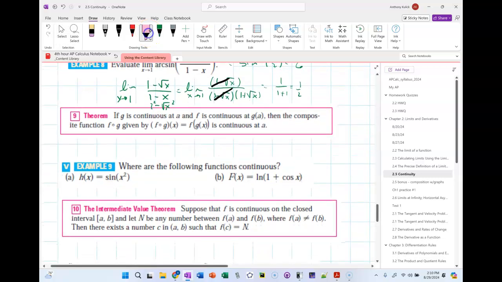So if I look at h of x, I see that this looks like a composition of two functions, right? Where my outer function f is sine x, and my inner function, my g, is x squared. Can you guys see that as a composition of two functions?